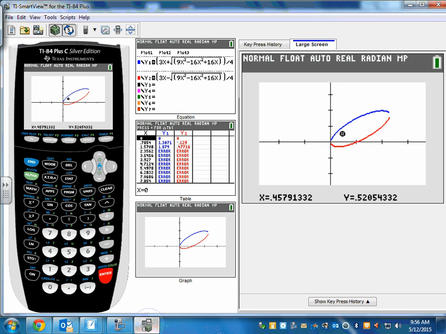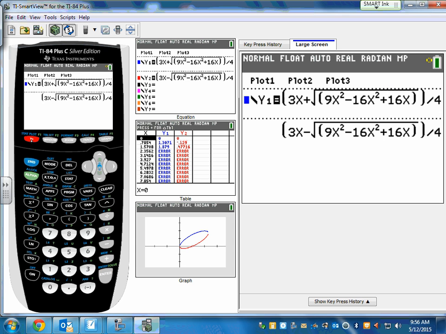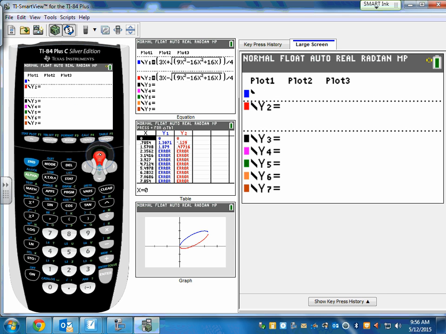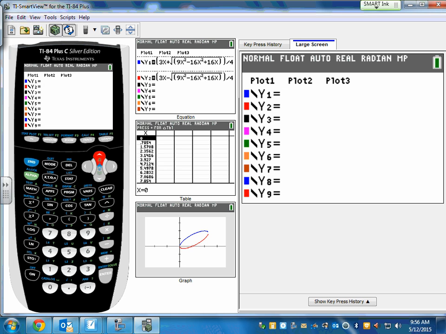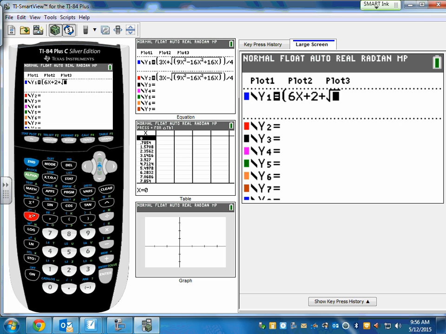So let's go back to my lovely calculator here. So parentheses 6x plus 2 plus the square root of, and I'm going to parentheses like you do, and then I have to put that next one in another set of parentheses, so negative 6x minus 2 parentheses squared, right?